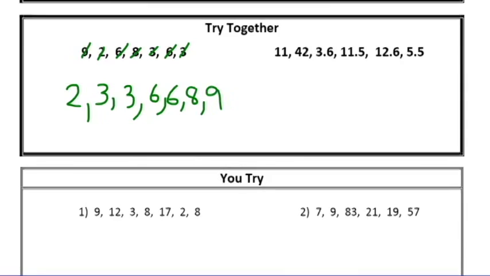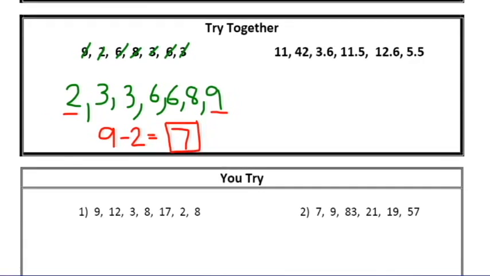I should end with 1, 2, 3, 4, 5, 6, 7. I take the biggest value minus the smallest value. 9 minus 2 is 7. So my range is 7. These values have a range of 7. They stretch over 7 values.